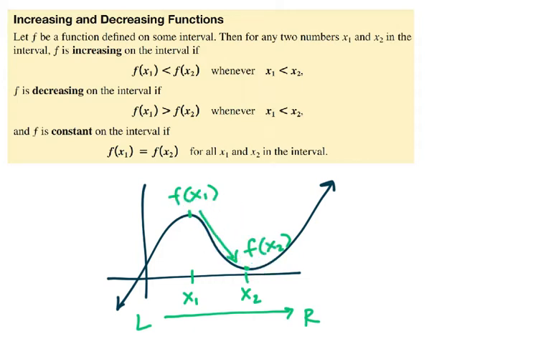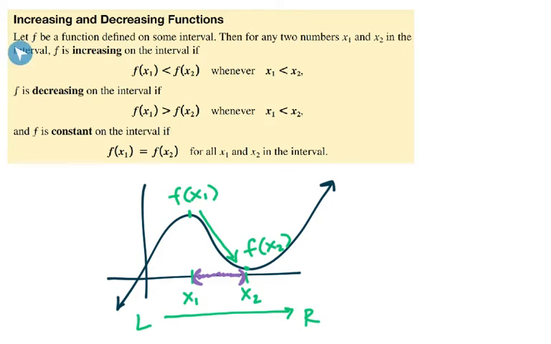So we would be saying on this horizontal region in between x sub 1 and x sub 2, the graph is falling. So again, looking at this picture, as we read it from left to right across the page, we see increasing, and then the graph is decreasing, and then it is increasing again. There is no constant on this graph that I've drawn here.